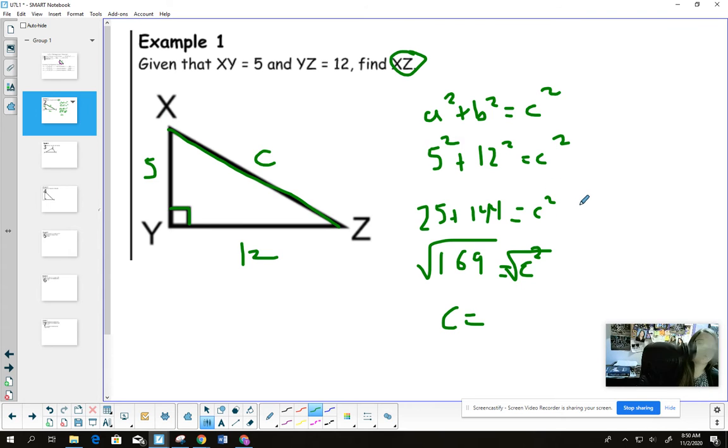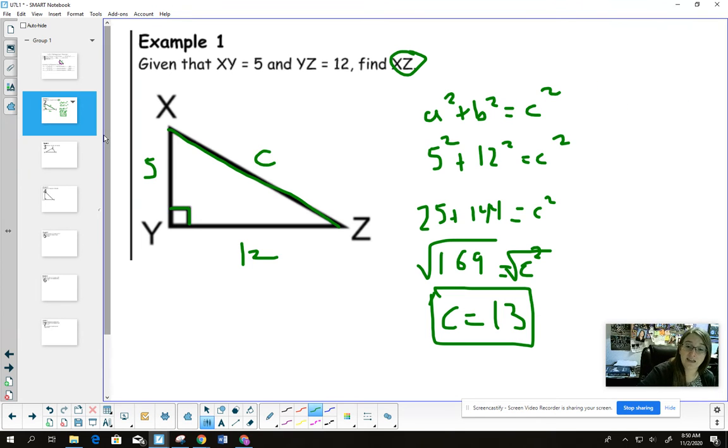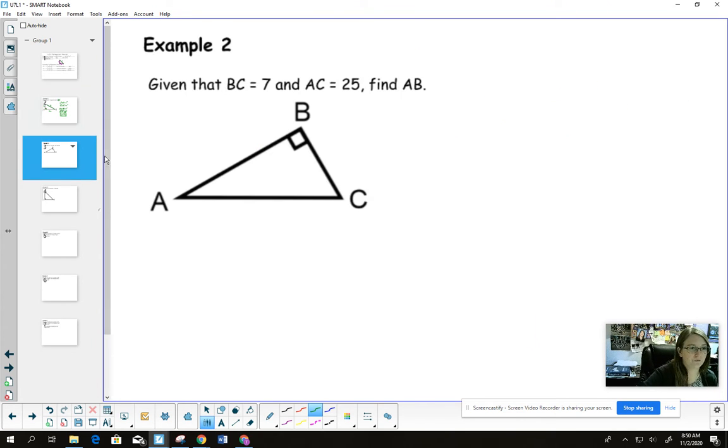The same way that multiplication undoes division and vice versa, a square root undoes a square. So I need to take the square root of 169, and this ends up being 13. There's our answer. So all I have to do is plug in, be very careful not to forget our squares, and also be very careful not to forget that at the very end we need to take the square root.